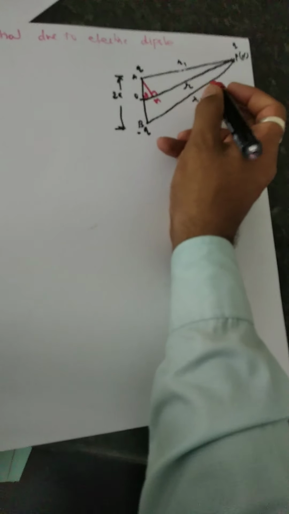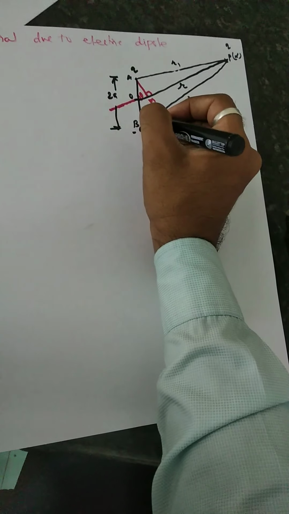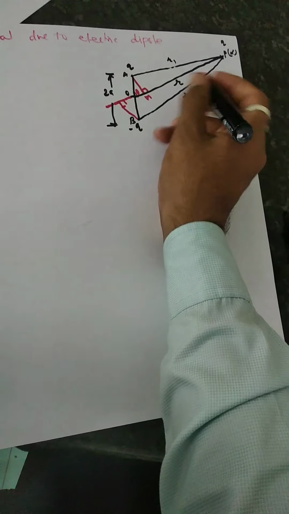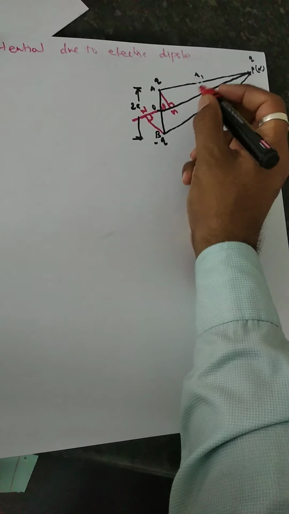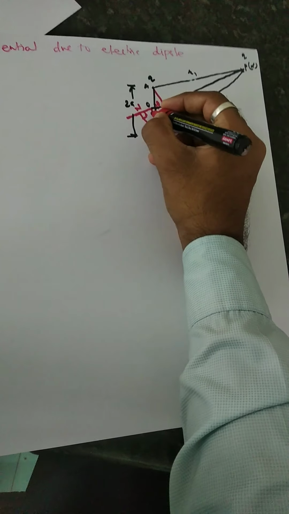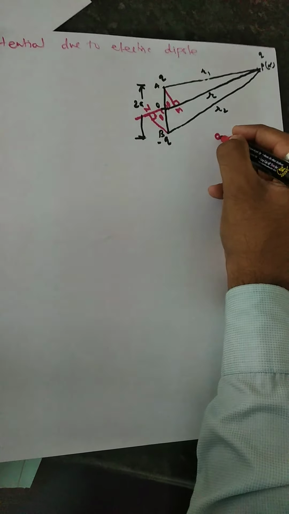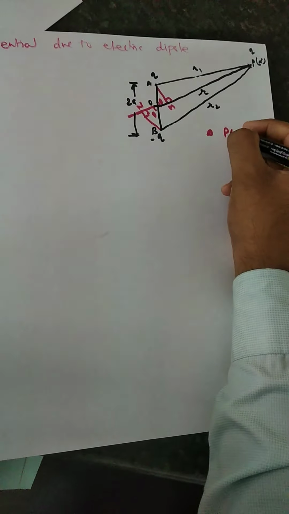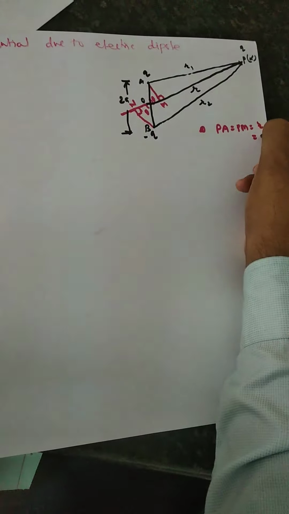In the same way, to make r equal to r2, I extend this line and draw a line from point B to the line OP in such a way that it intersects the line OP at point N. Both these angles will be theta. So from the figure I can say that PA is equal to PM is equal to r is equal to r1.